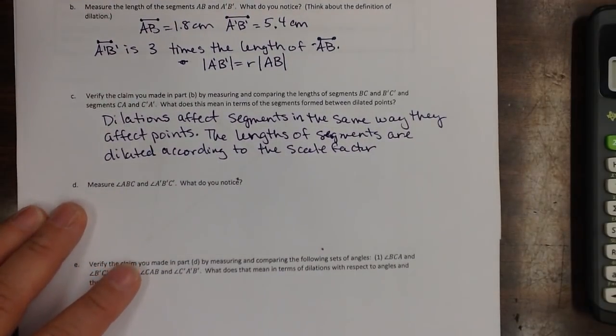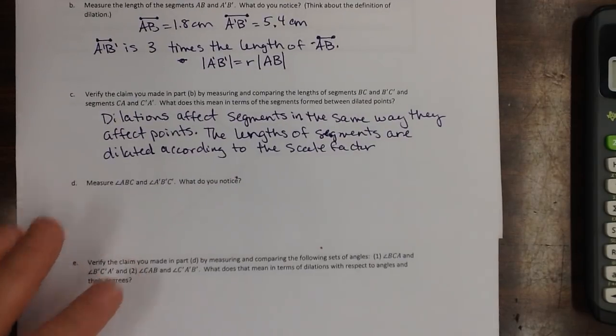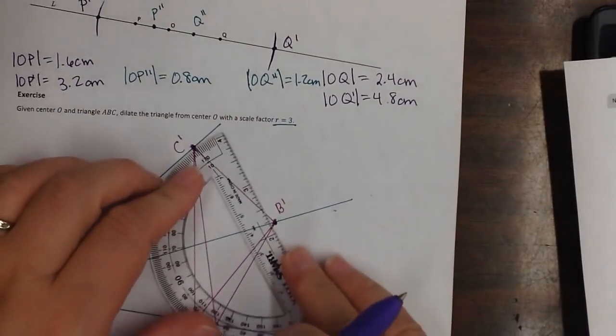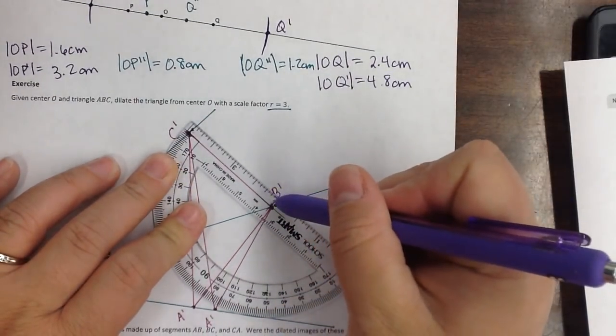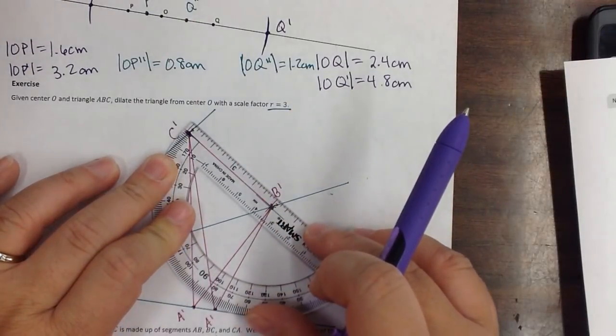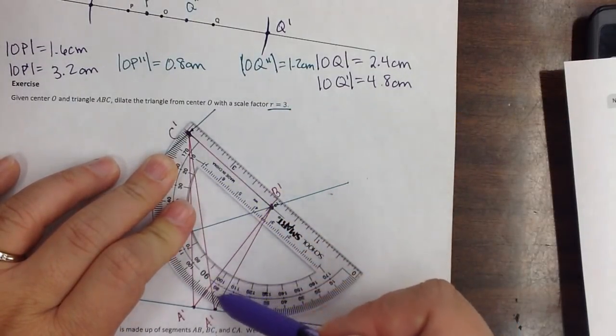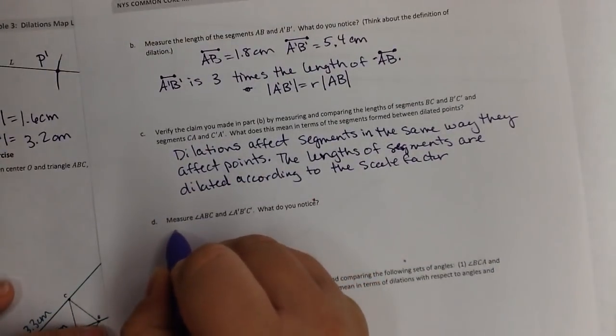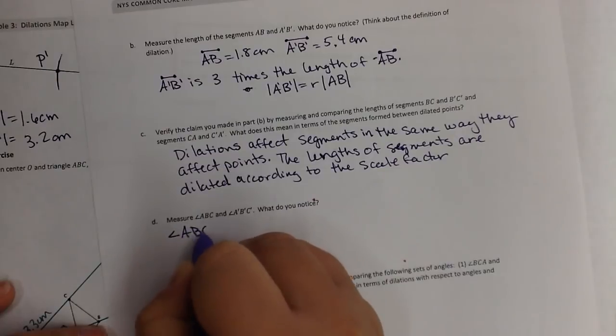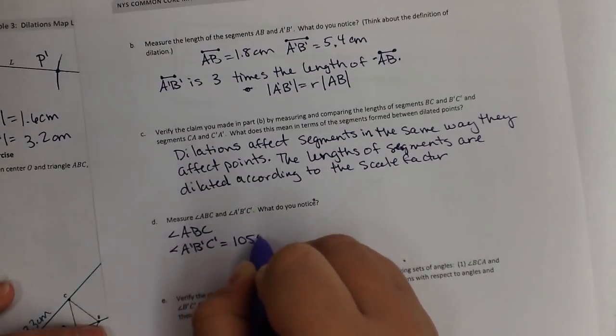D says, what do you notice about the measure of angle ABC and the measure of angle A prime, B prime, C prime? So you'd use your protractor and do a little bit of measuring. Line it up, the center with the point here, and I'm going to count all the way over to here, and it just barely misses 100, 105 degrees. So angle ABC and angle A prime, B prime, C prime is 105 degrees.